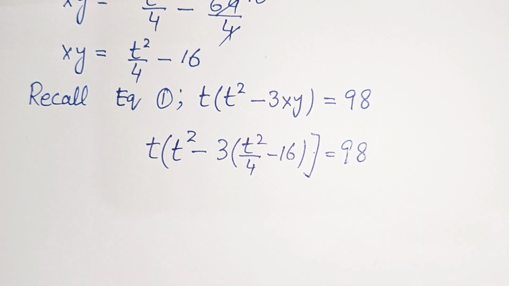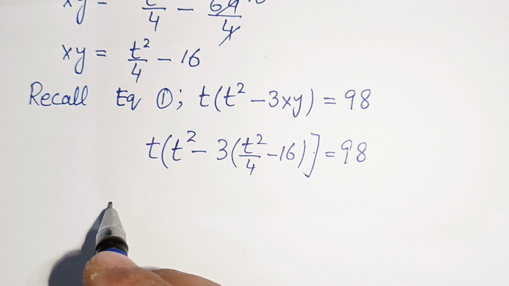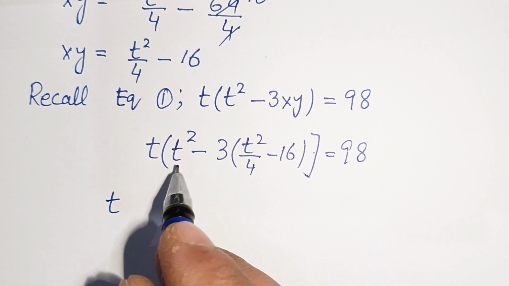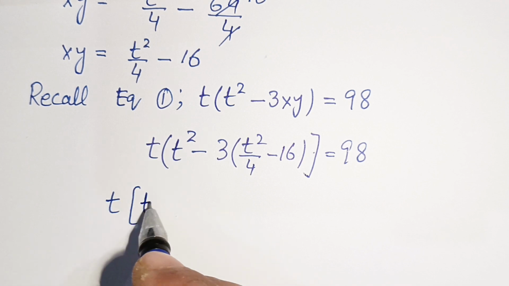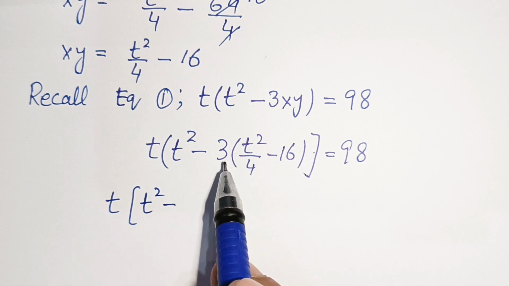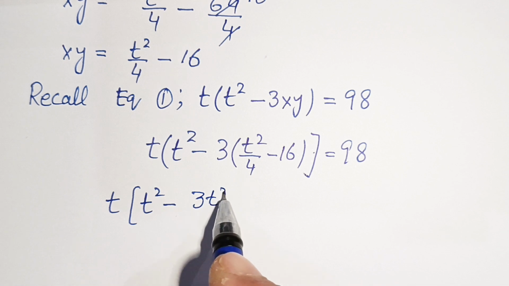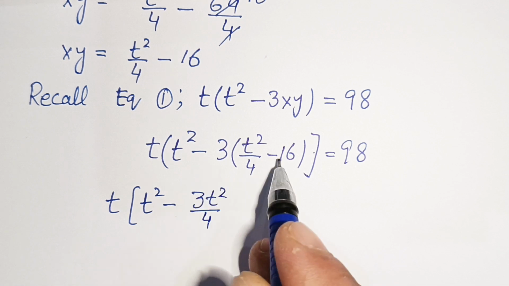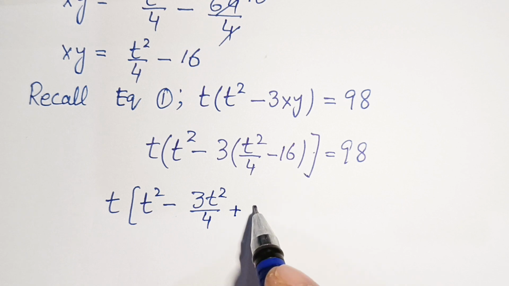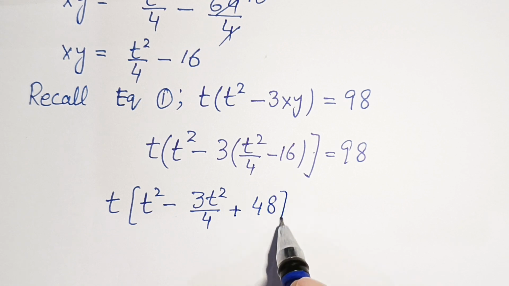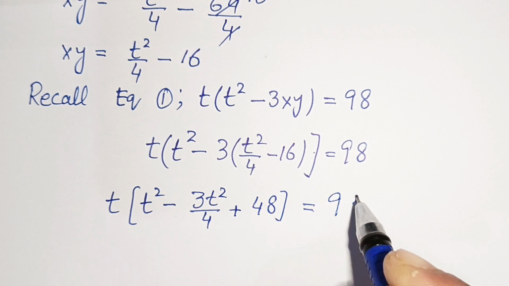Now our next step will be, here we have t times this t squared, so t squared minus, multiplying this 3 into parentheses, we get 3 times t squared is 3t squared divided by 4, minus times minus is plus, 3 times 16 is 48, which is equal to 98.